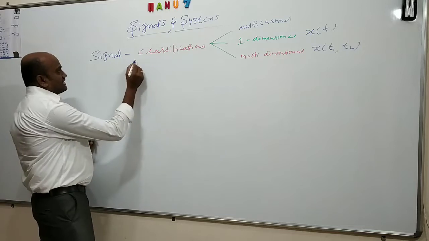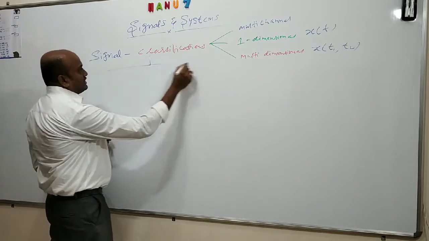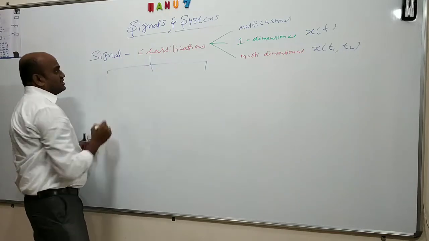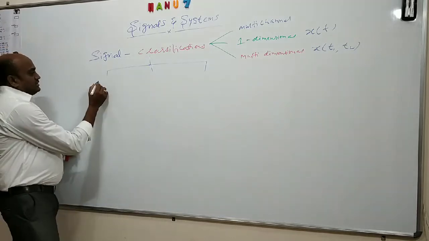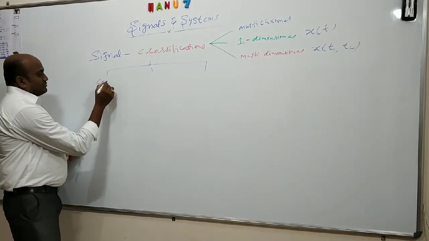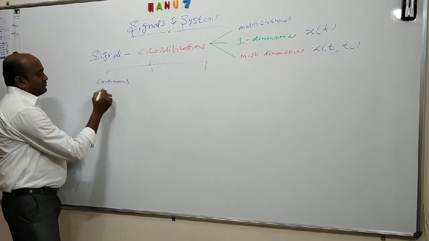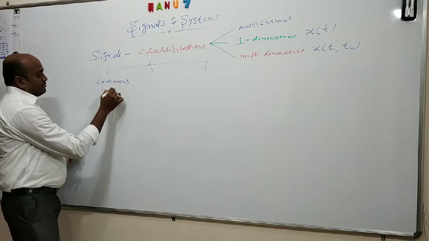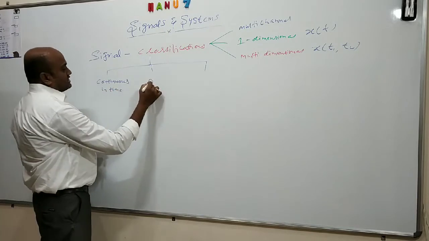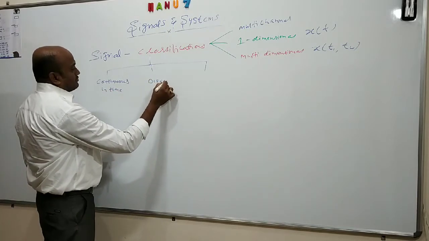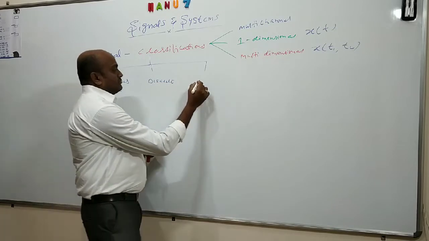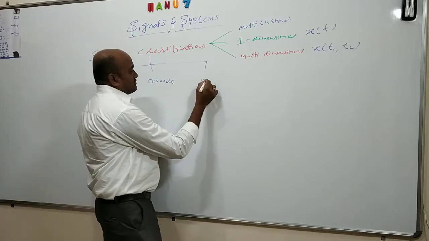There is one more classification. These signals are of three types: continuous in time, discrete in time, and digital.